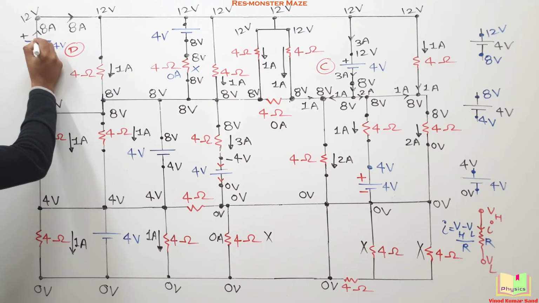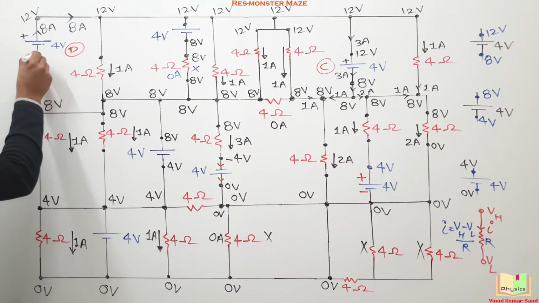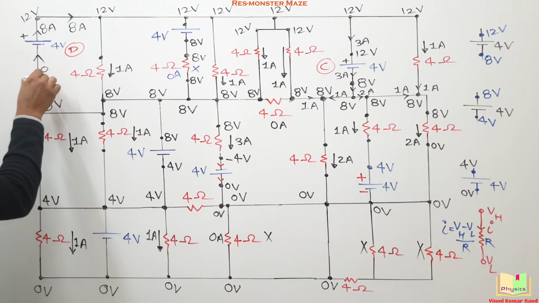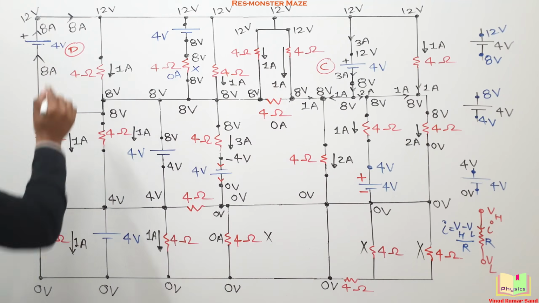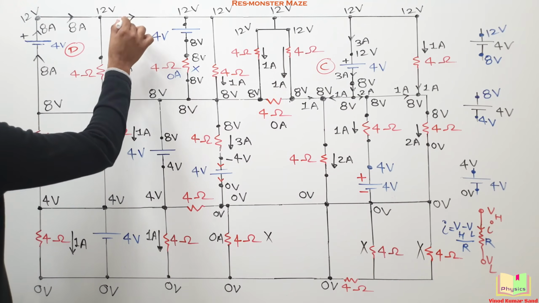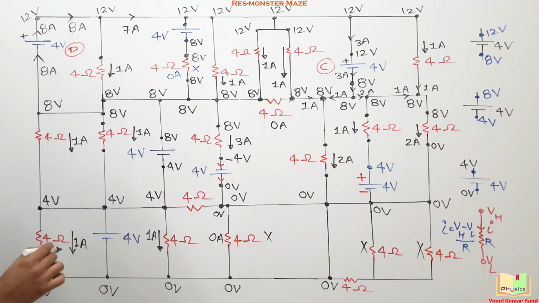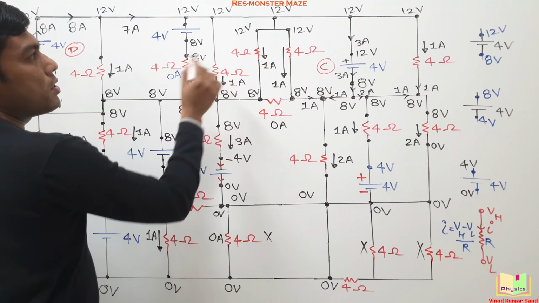If from the positive terminal 8 ampere current is leaving, then in the negative terminal the same 8 ampere current should enter by the conservation of the charge. Out of 8 ampere, 1 ampere is distributed here. So in this branch the current must be 7 ampere. Out of 7 ampere, again next 1 ampere is distributed here.